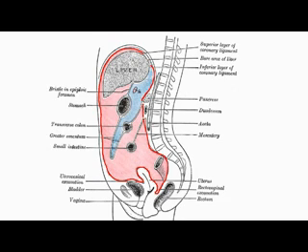So we've got the parietal peritoneum in red, and you can see it lines the abdominal cavity. And then where the peritoneum surrounds the viscera, so the organs within the cavity, it's called the visceral peritoneum. I'm going to draw this on in blue.